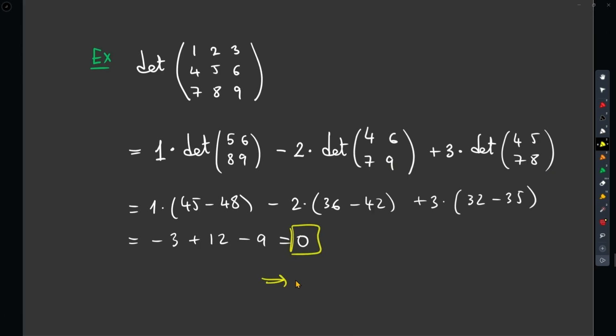And that means that this matrix A is not invertible, because according to what we have shown before, the row reduction of this matrix will not have 3 pivots.